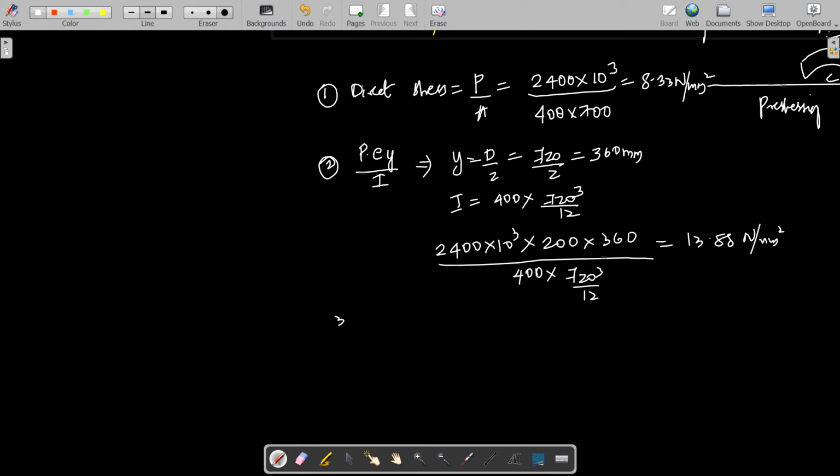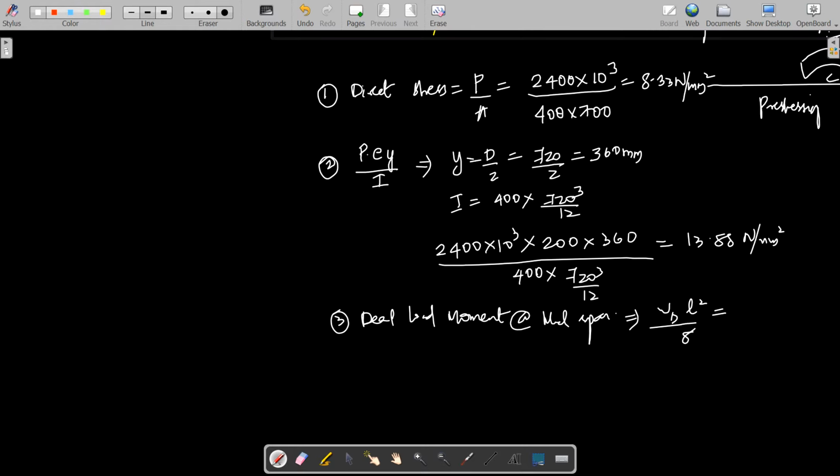The third one is due to your dead load and live load. You need to find the moment due to your dead load. We are considering the midspan, so the dead load moment is W D into L square divided by 8.